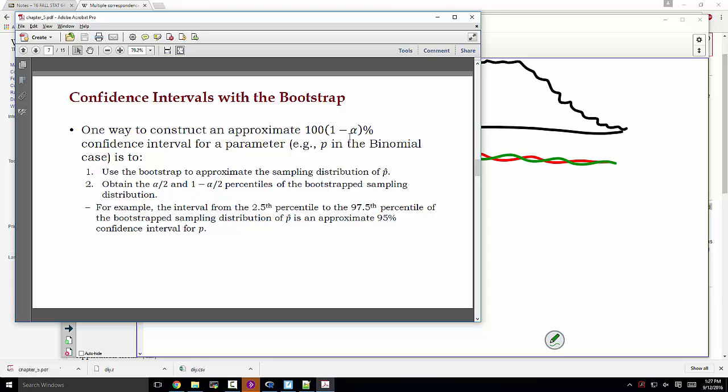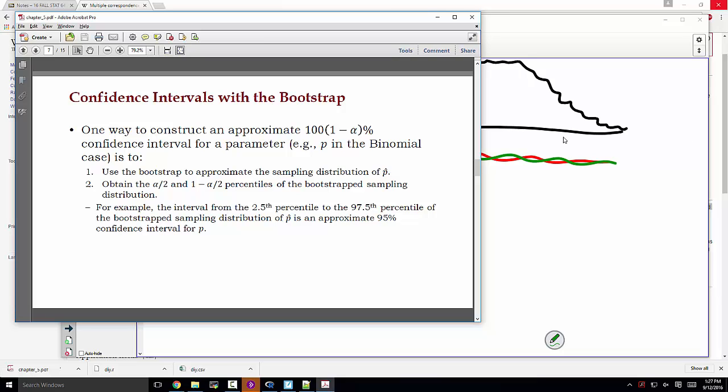So suppose you want the 100 times 1 minus alpha percent confidence interval for a parameter. In the binomial case, the parameter would be p, the probability of success on any one trial. Or it could be x bar, or mu in the continuous case. The way you do it is you bootstrap, step 1, to obtain capital B pseudo versions or simulated versions of your statistic.